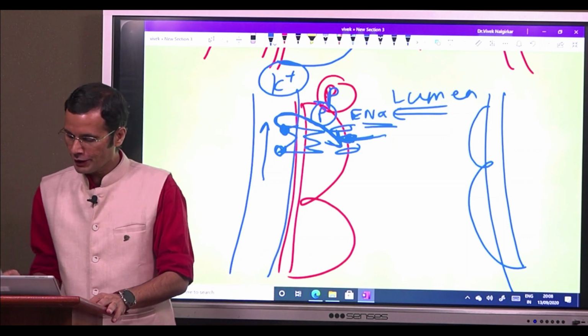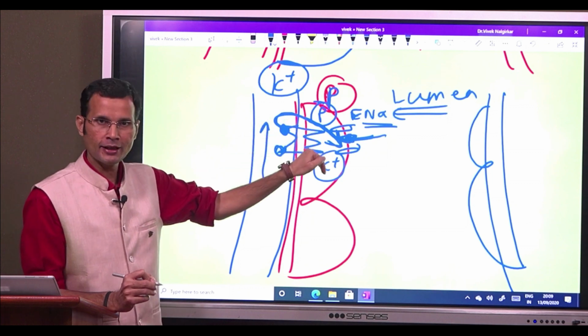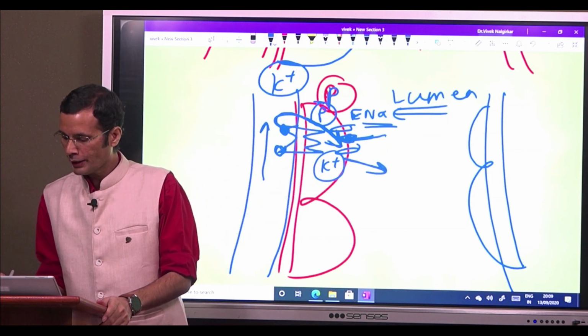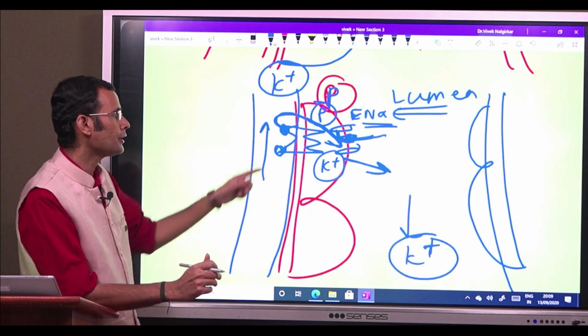I mentioned it already, because of which the potassium which has come into the cell from the blood will be pushed into the lumen and will be excreted into the urine.